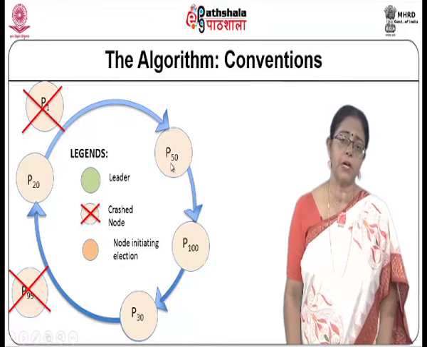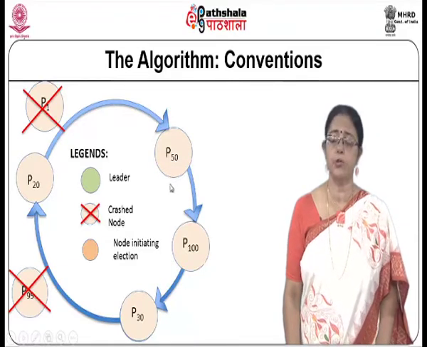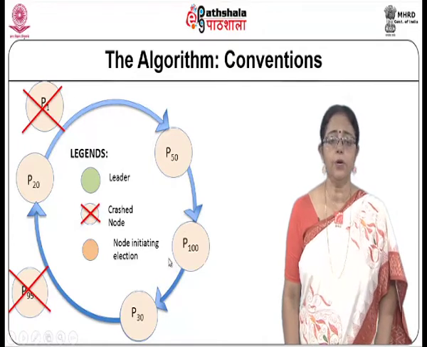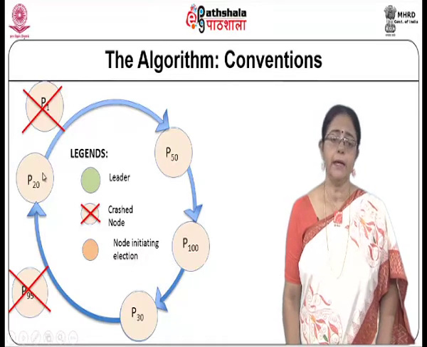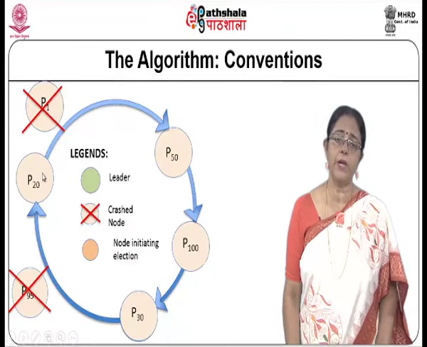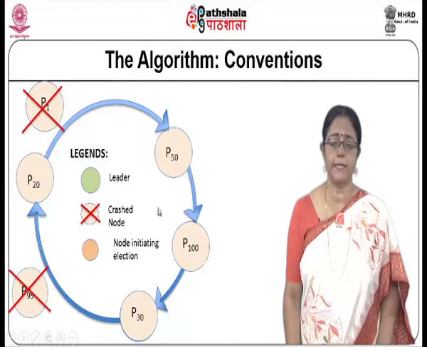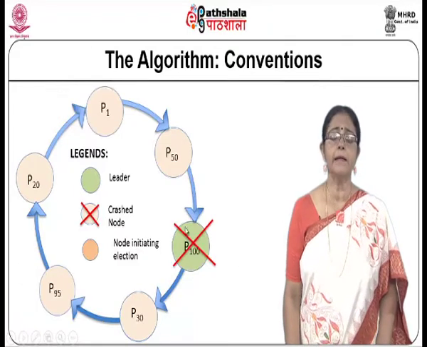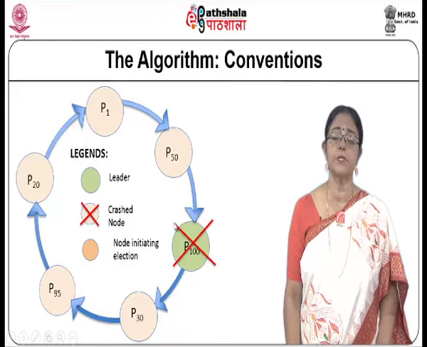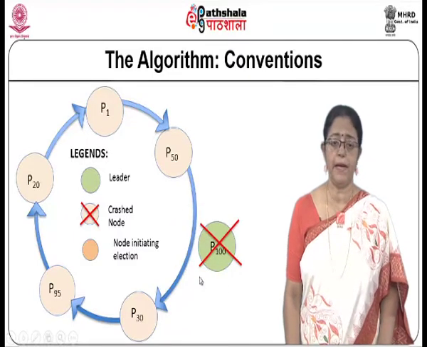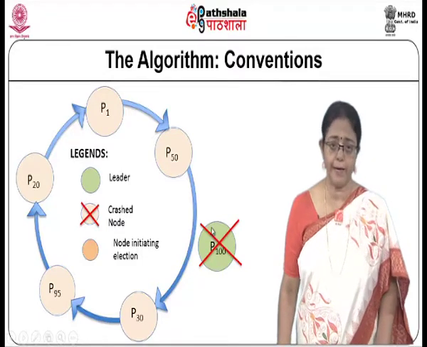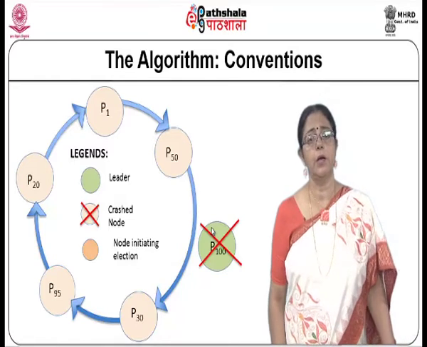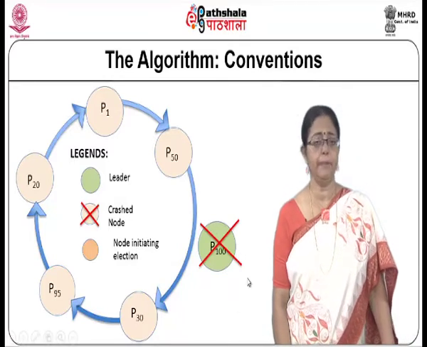So, anytime a node crashes, be it the current coordinator or any other node, we remove that specific node from the ring and let the 2 in-between nodes communicate with each other directly. This example shows that P100, the leader node, has failed, and we do the same thing: we remove that node from the ring and continue communicating between P50 and P30.